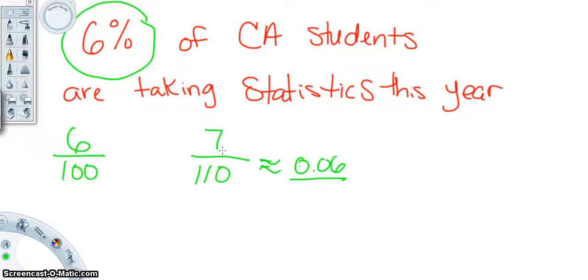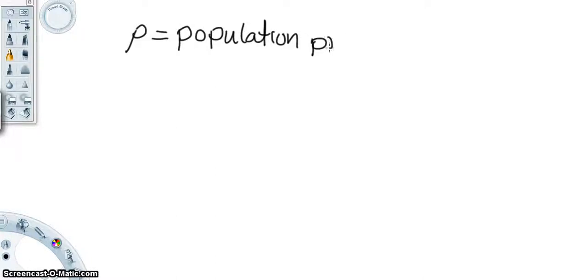The symbols that we'll be using to talk about proportions: we have lowercase p, which stands for our population proportion, and then we have p hat, which stands for our sample proportion.